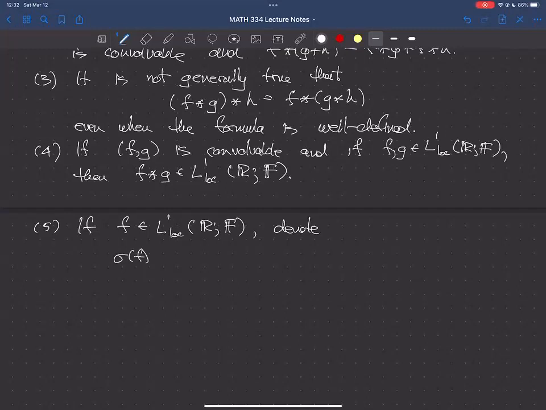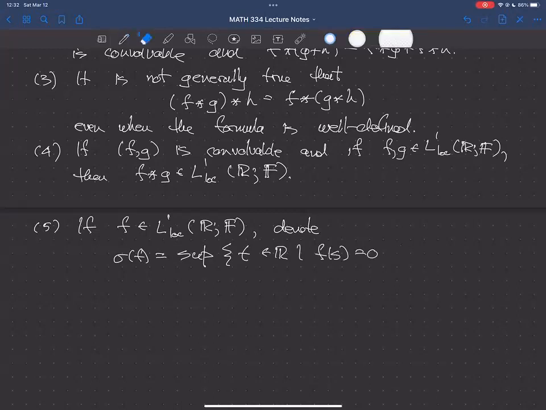Okay, so sigma of f is going to be the largest time, so the sup of all the t's in R, so that f of s is equal to 0 for almost every s which is less than t.